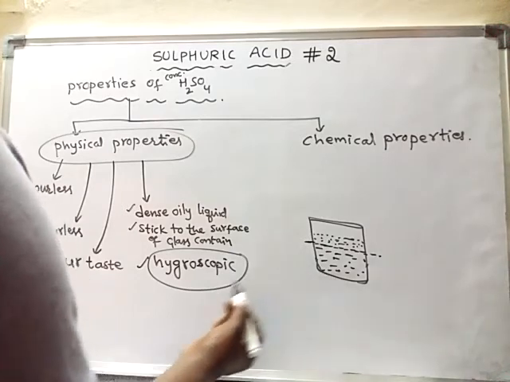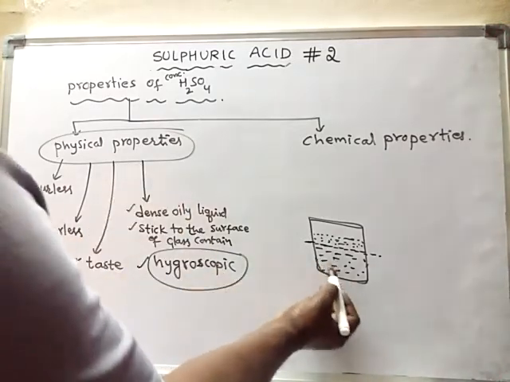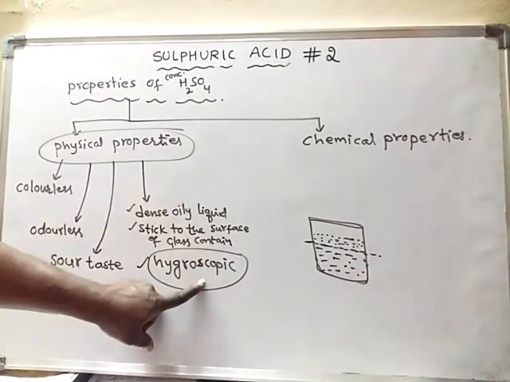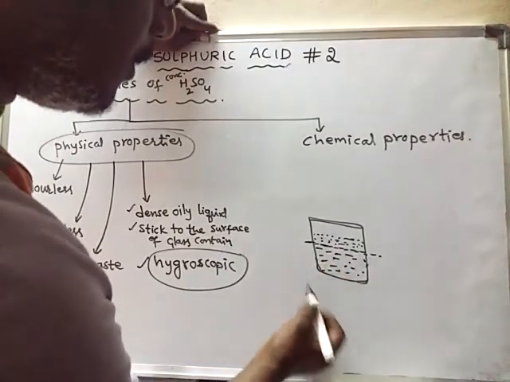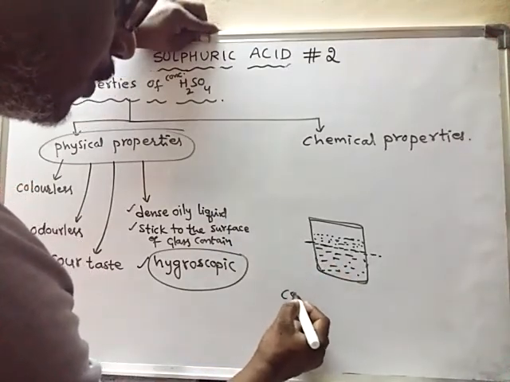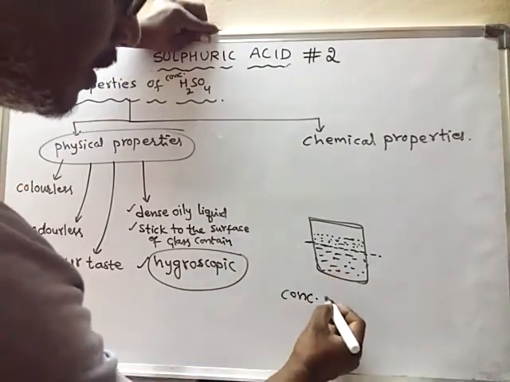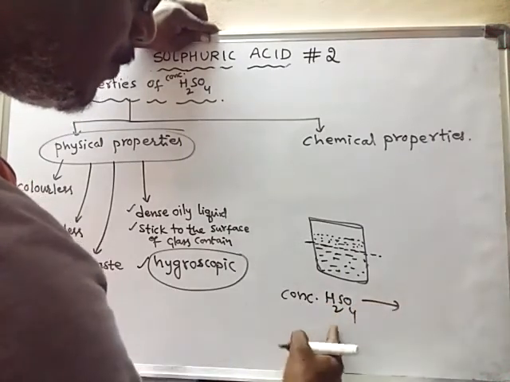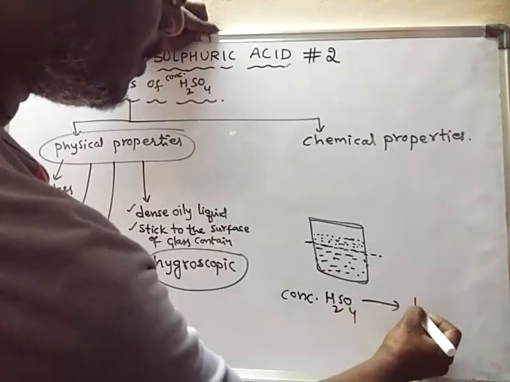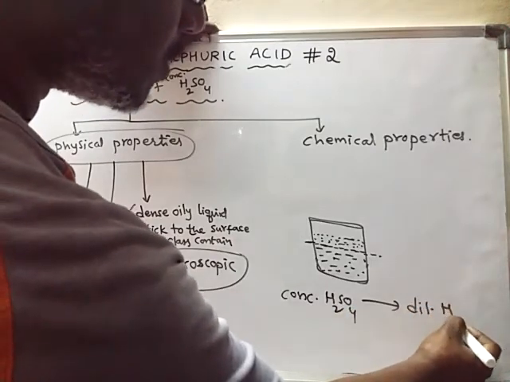Why? Because this sulfuric acid is hygroscopic in nature. As it is hygroscopic, it will absorb the moisture from the atmosphere. Before that, I kept concentrated sulfuric acid, but it has automatically converted into dilute sulfuric acid.